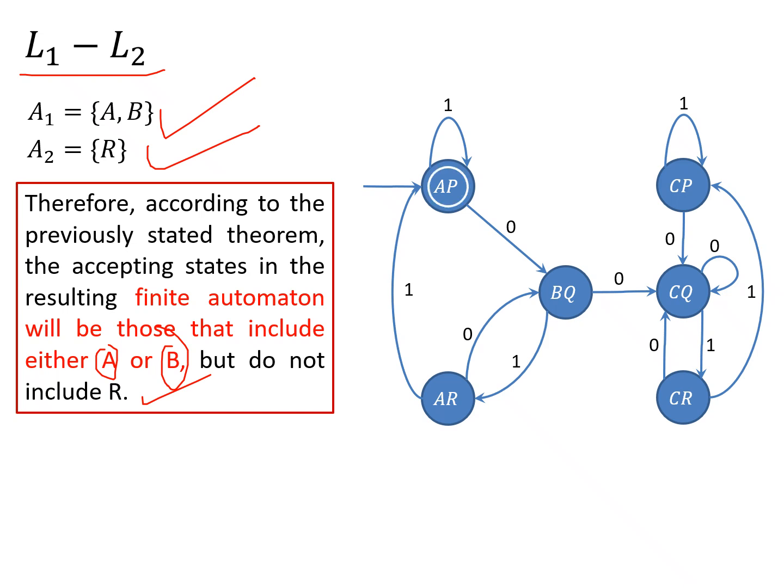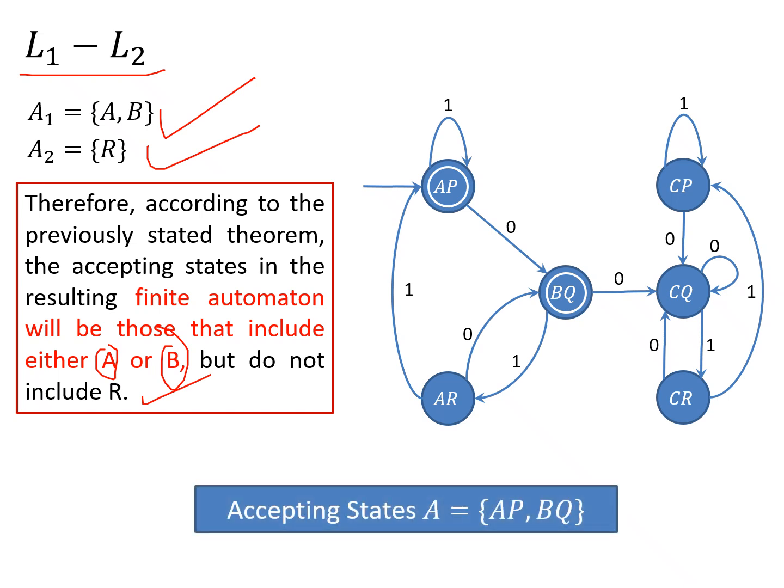A is part of P, A, B, Q, then only these two are final states of L1 minus L2. It should not contain any R. So this will be the final DFA for L1 minus L2.